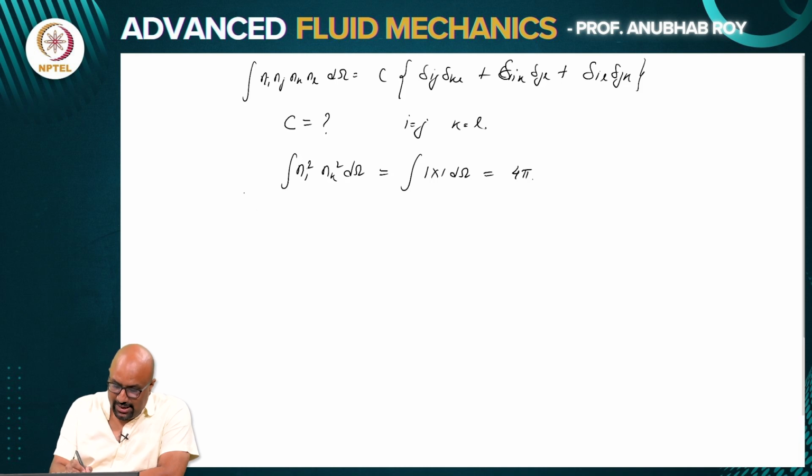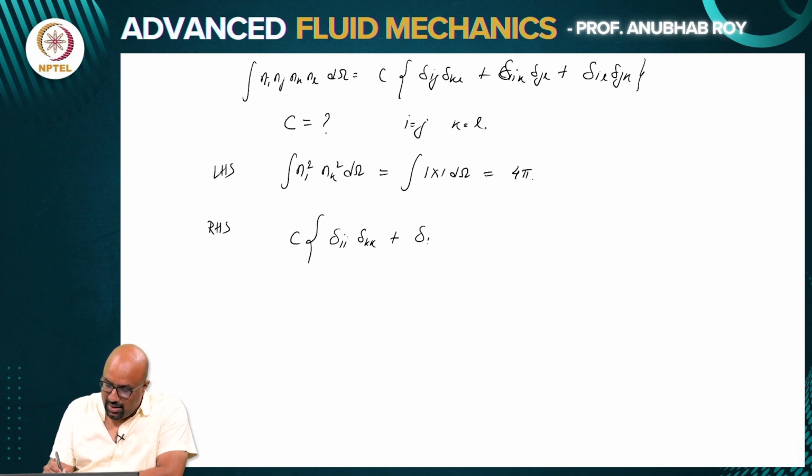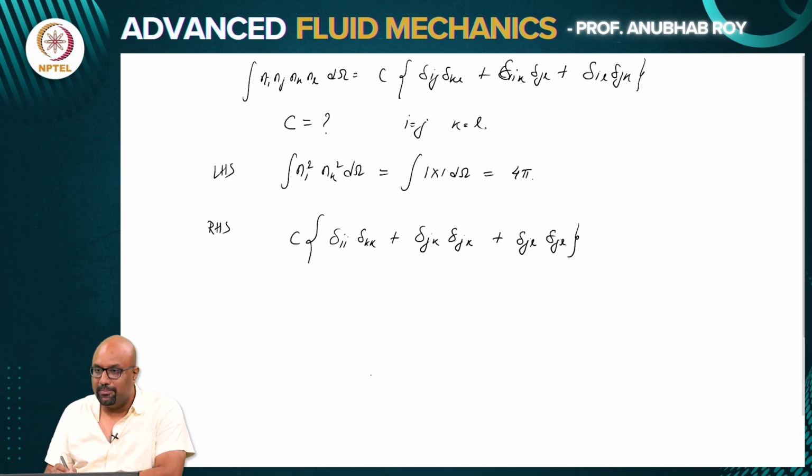On the right hand side I have the constant, delta ij becomes delta ii, delta kl becomes delta kk, delta ik becomes delta jk, and then delta jl you can write once again as delta jk, and delta il you can write as delta jl, delta jk becomes jl. You have a freedom of what you are switching.